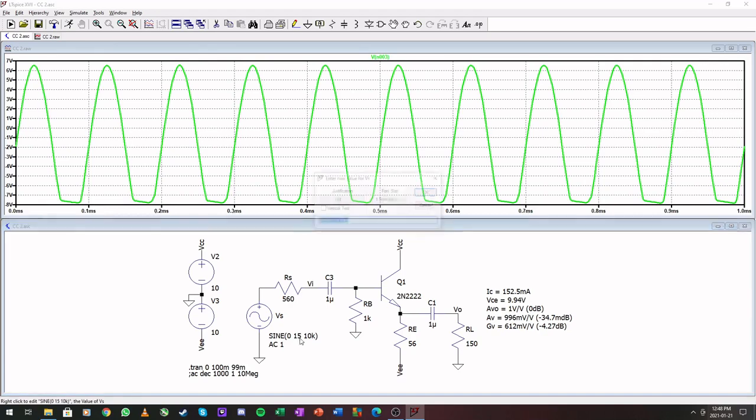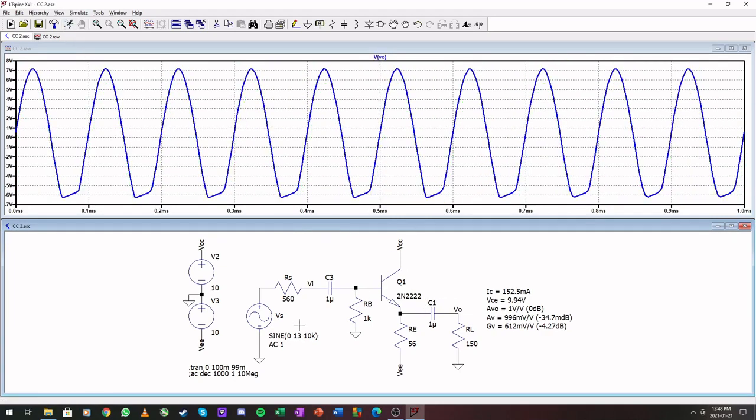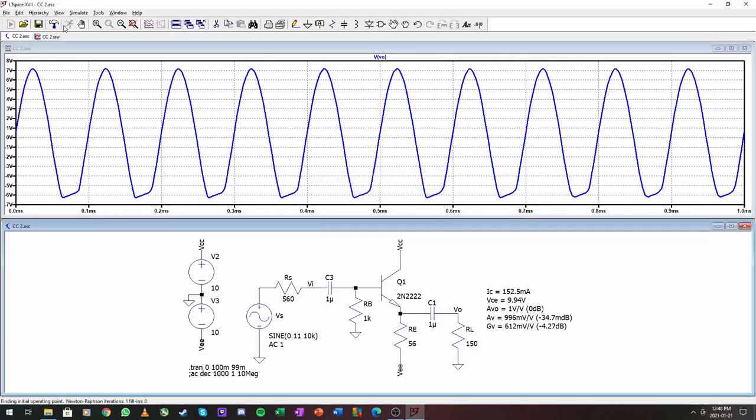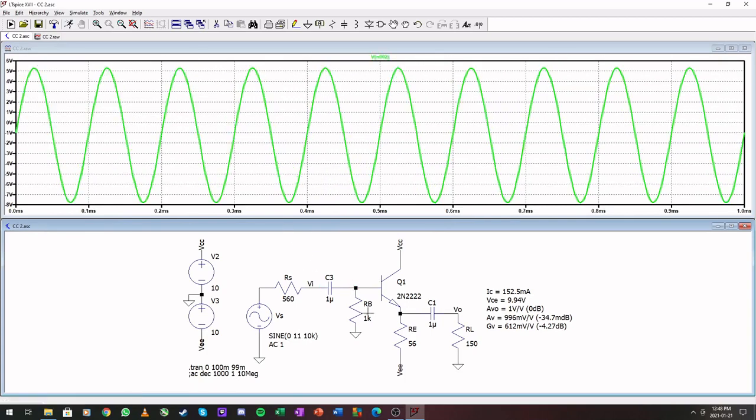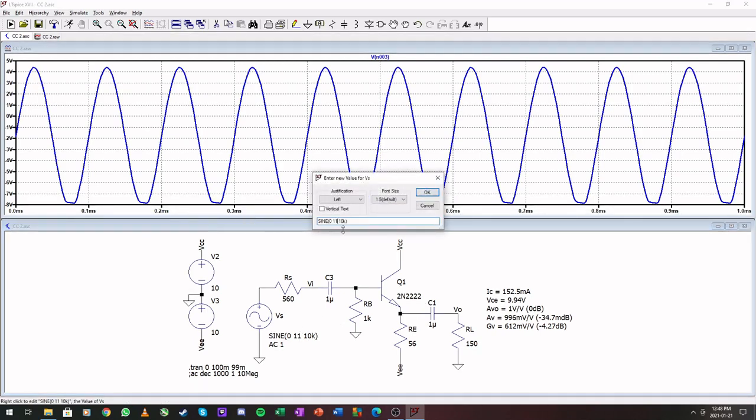So if we start to decrease this by a little bit, let's make this 13, we will see that the distortion starts to become a bit less. Make it 11, less. That is purely due to this VBE drop, you can see that this is sitting at -8 and this is at 5, and this drop that we're having right here is what's influencing our signal.